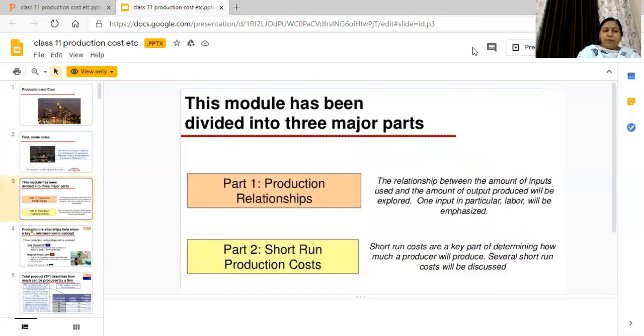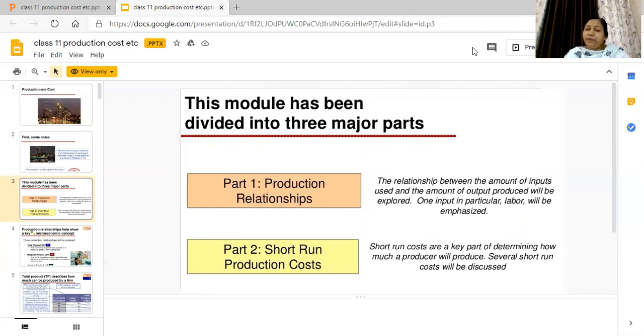Now we will discuss further about the chapter. What does the chapter actually contain? The chapter is divided into three major parts, but mainly the production relationship and short run production cost.